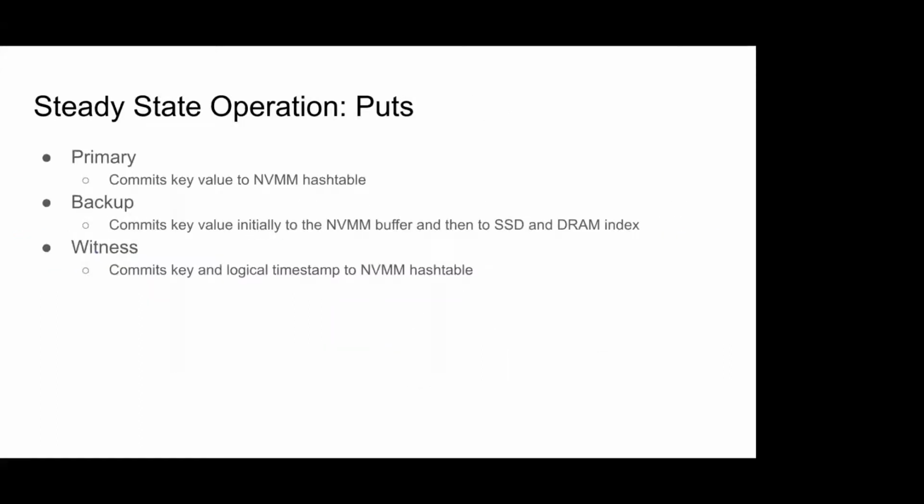So all of these three nodes write different parts of data in different ways. The primary commits the key and value to the NVMe hash table. The witness commits the key and the logical timestamp of the update to its own storage. The backup first writes to the NVMe buffer, then after a while, it writes to the SSD for long-term storage and eventually updates the DRAM index.